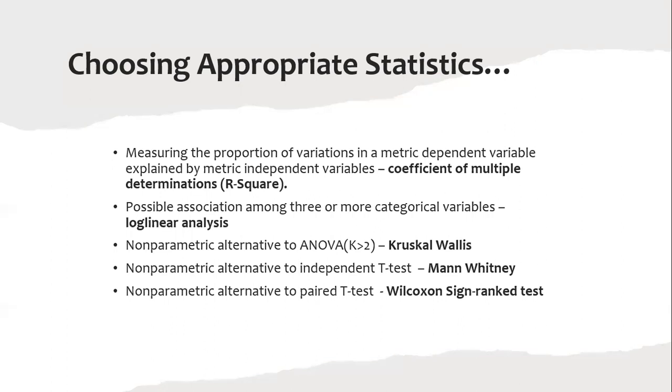But if we are looking at the test of association between 3 or more categorical variables, we are looking at log linear analysis. Then there's a concept you also get to know eventually, that our data might be normally distributed or not normally distributed. That's where we come to having a parametric test for a normal distribution and a non-parametric test for a distribution that is not normal.